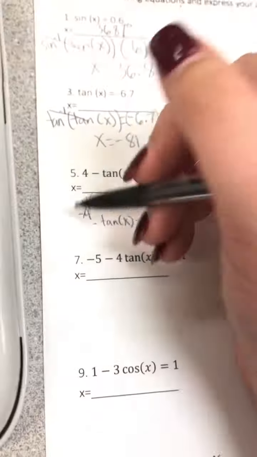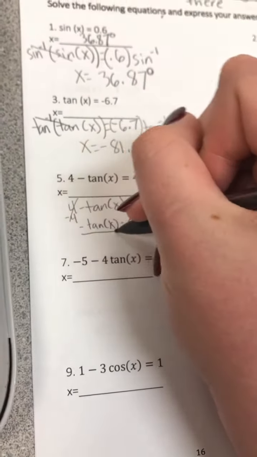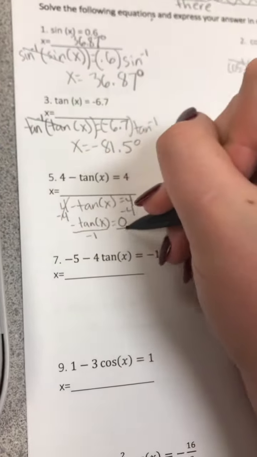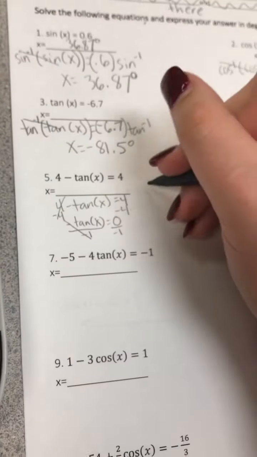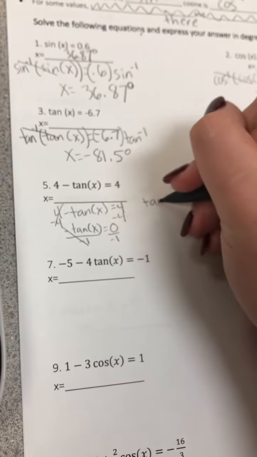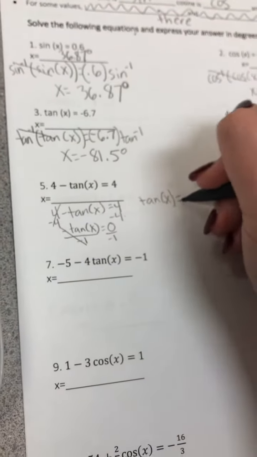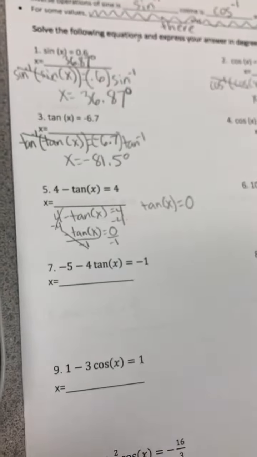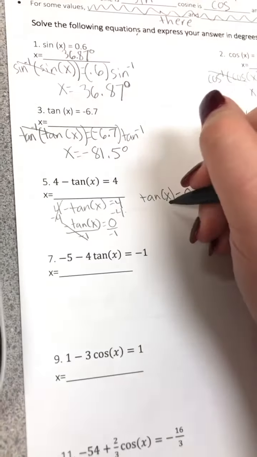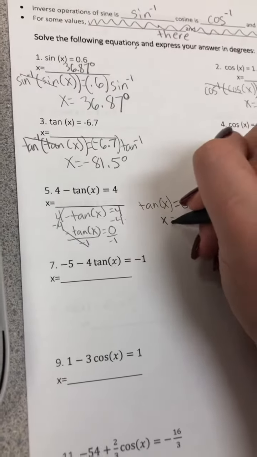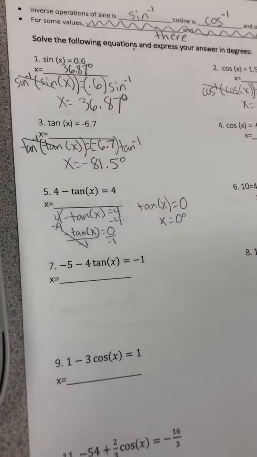I've got to get rid of this negative out here. So I'm going to divide by negative 1. These cancel out. I'm left with tangent of x equals 0. Well, thinking about this, I can type it into my calculator and I'm going to get 0 degrees.